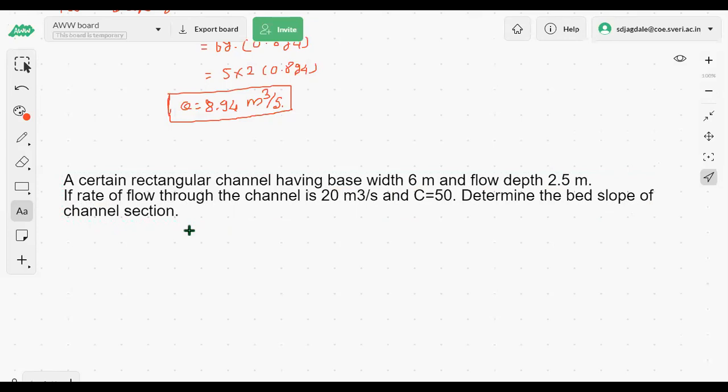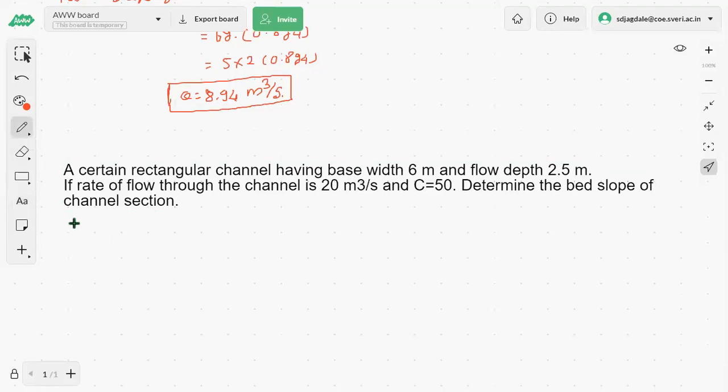Okay, we'll go one by one. Firstly, write down the given data, the things that are given to us. Given data: it includes the base width of the channel section as 6 meters, depth of the flow as 2.5 meters, then discharge Q passing through the channel section as 20 meter cube per second, and Chezy's constant as 50.